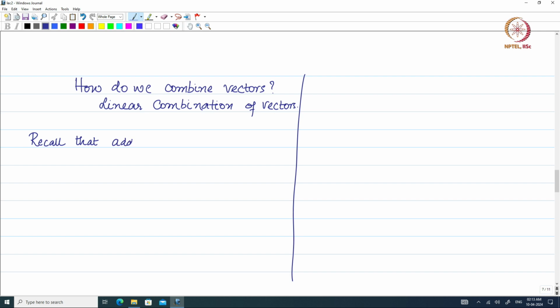Recall that adding vectors or scaling vectors was completely different from the operations that we do on points.